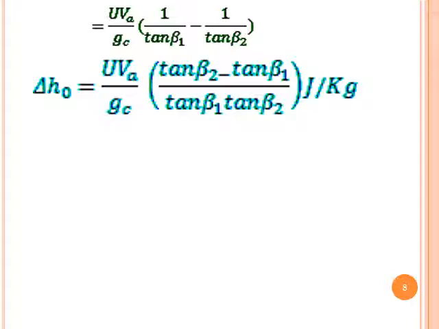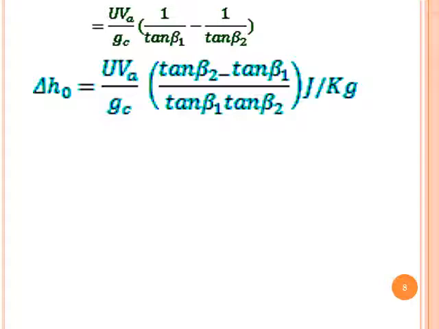So now the total enthalpy change is given by U by Gc V of A, and the numerator is now tan beta 2 minus tan beta 1, and the denominator is tan beta 1 into tan beta 2. The unit of that one is joules per kg.